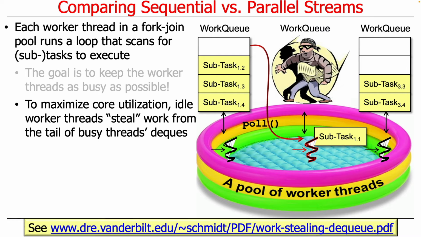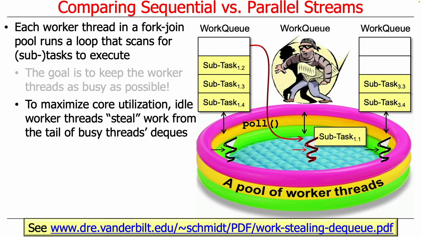However, if a thread happens to run out of work in its deque, if it's not playing with a full deck, as we say, if it's playing with an empty deck, then it'll reach around and find another work queue by randomly querying the queues, and then try to steal work from the end of that queue. The idea there is to keep things humming along, maximizing utilization as much as possible. This is a very cool approach, and we'll talk about this a bit more when we get into the nuts and bolts of the fork-join pool.